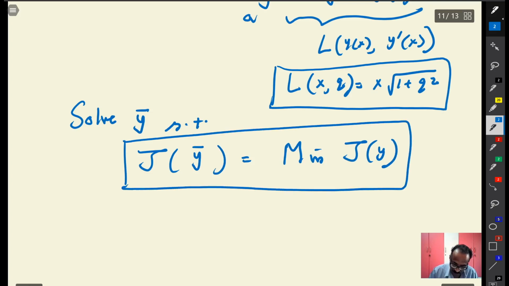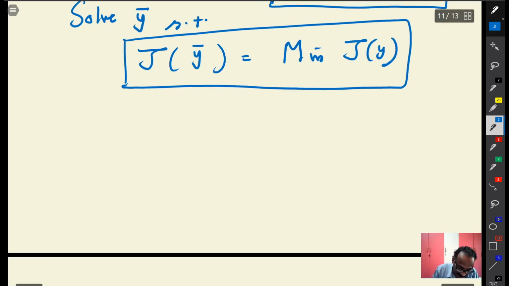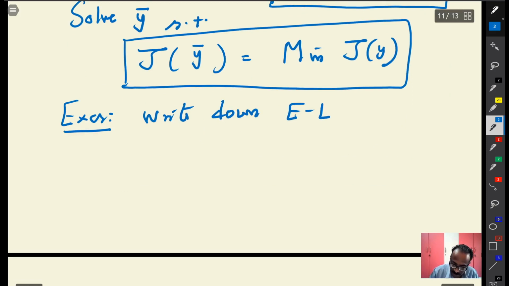Okay. So the exercise is again to write down the Euler-Lagrange equations and then solve it.